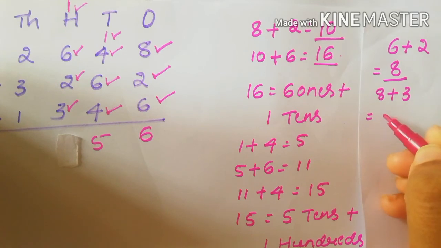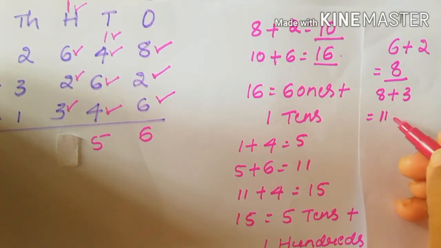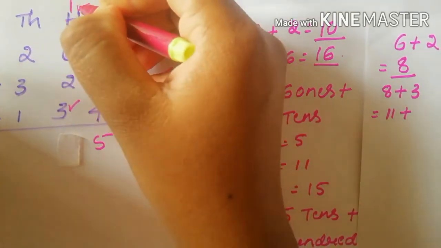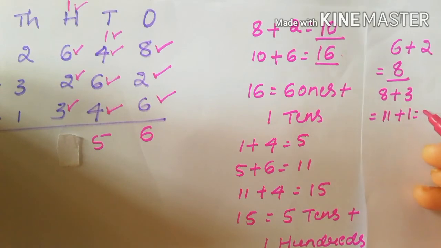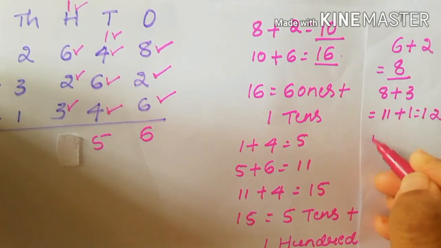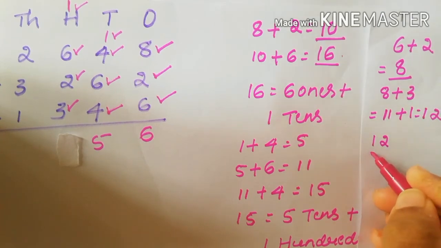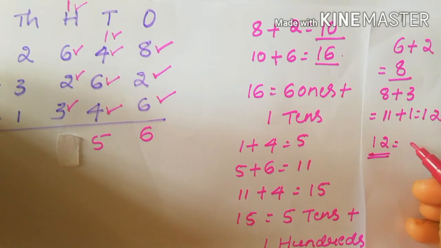Okay, 11. Again we have to add the 1 which is the carry. 11 plus 1 is equal to 12. Again we cannot write 12 in the hundreds place, so we have to regroup the digits, right?